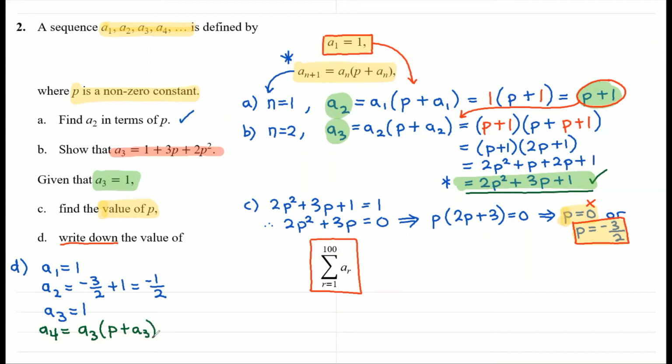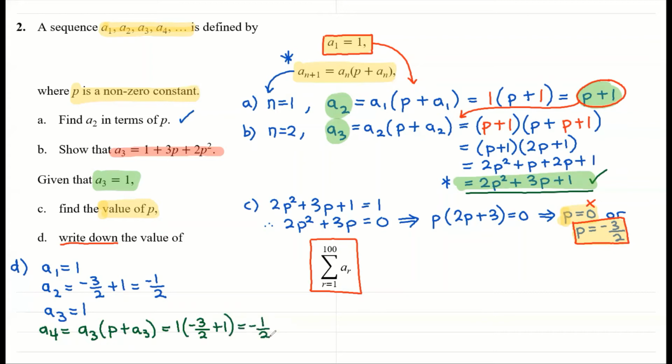And remember, we know what A3 is, and we also know what P is. So I can write this down really quickly. If A3 is 1, so that's just going to be 1, and then P is -3/2. All right, and then I'm adding the previous term again, A3, so that's plus 1. I've essentially just got the -1/2 again.